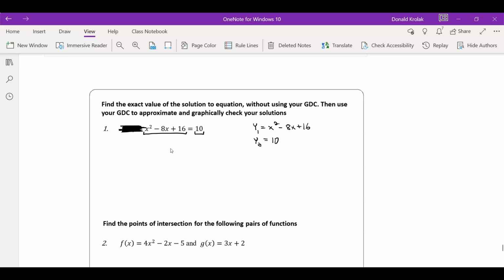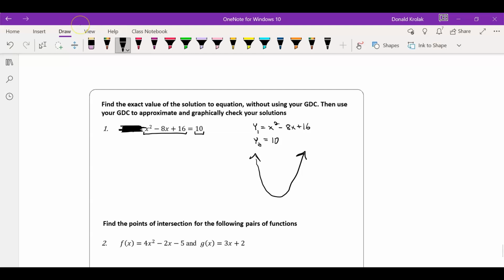So when we drew this, we had a line at y equals 10 going through it. That first root was approximately 0.8, was it 78?